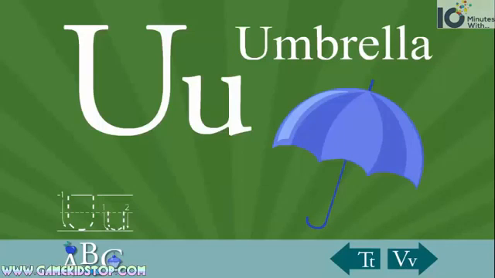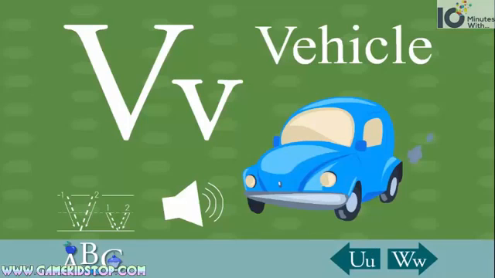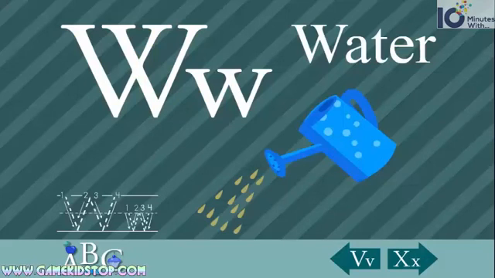U. U is for umbrella. V. V makes a V sound. V is for vehicle. W. W makes a W sound. W is for water.